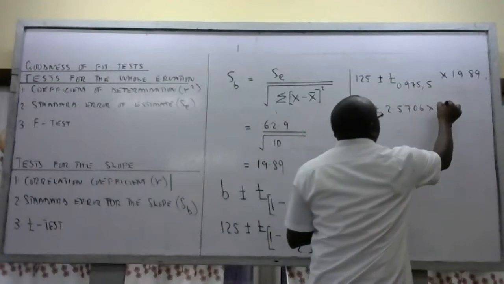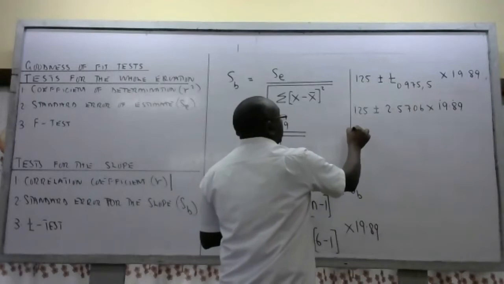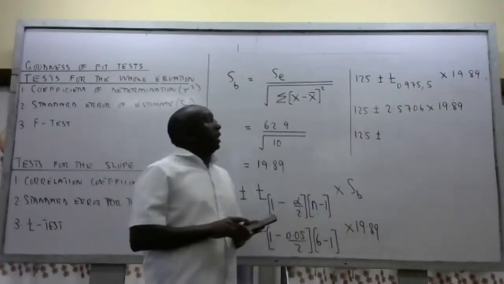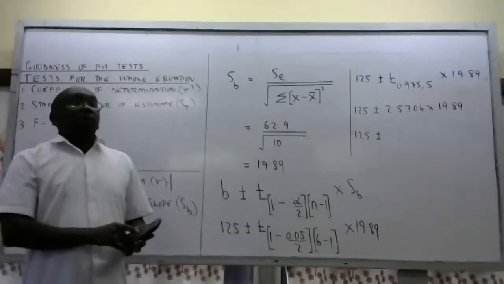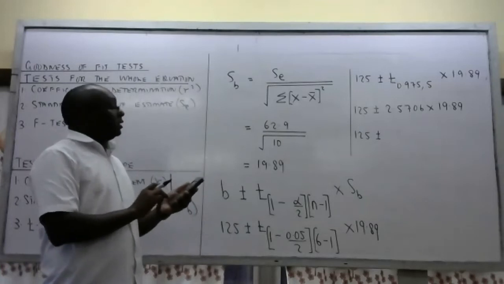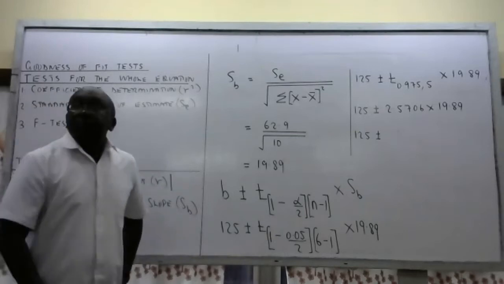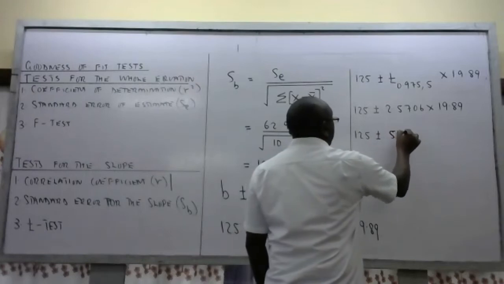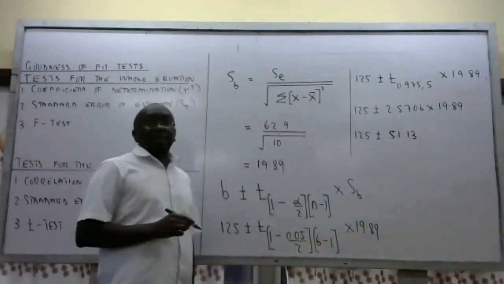Now you multiply by 19.89. So how do you say that, to 2 decimals? 61.13.